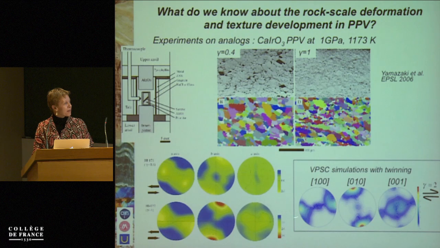Then you have a very nice correlation between the textures we predict in the model and the ones they observe in these shear experiments. So it does not work with the real magnesium silicate post-perovskite, but it really has the same kind of structure as other post-perovskites. So this is what we can say up to now. There's still an open question here.